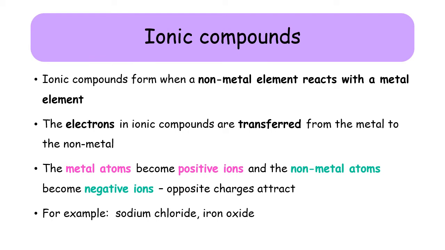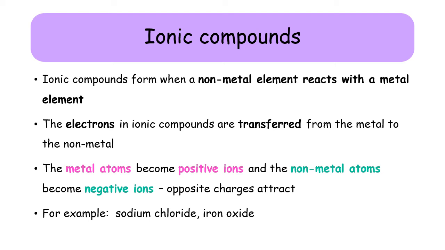And examples of ionic compounds are things like sodium chloride. Sodium is a metal, chlorine is a non-metal. Iron oxide. Iron is a metal, oxygen is a non-metal. So from the names of compounds, we can work out whether they're covalent, it'll be made from two non-metals, or ionic, made from a metal and a non-metal.